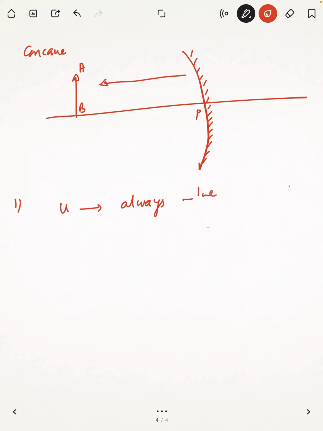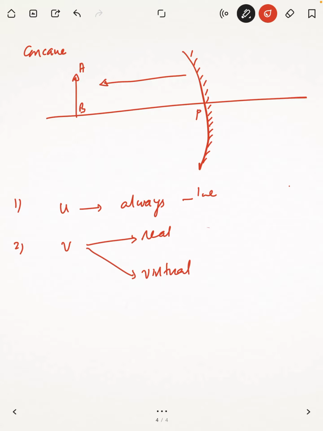Next we see what about v, that is image distance. Image distance means image can be real image or it can be virtual image.